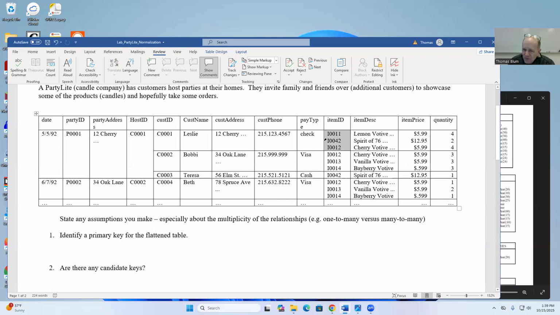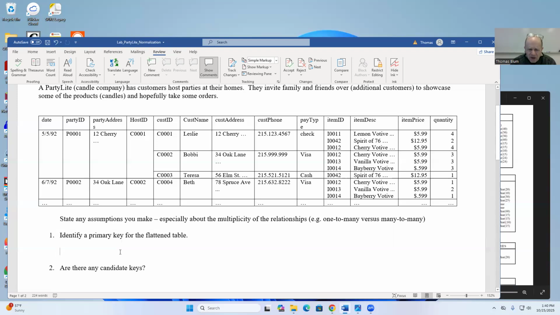So each one of these would have to be made an explicit record, and this would have to be divided up into 3 rows. And then we see for a given party or host that there are a number of customers. That would again have to be broken out to get into first normal form. We don't want any of these multi-valued fields. And then we want a primary key.